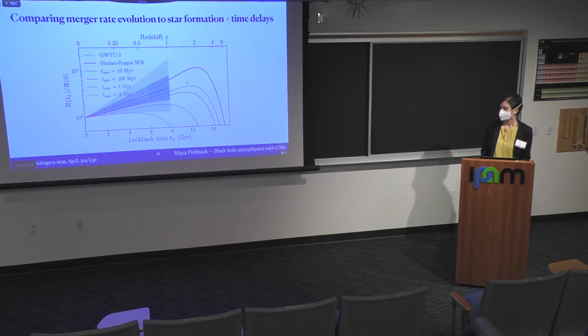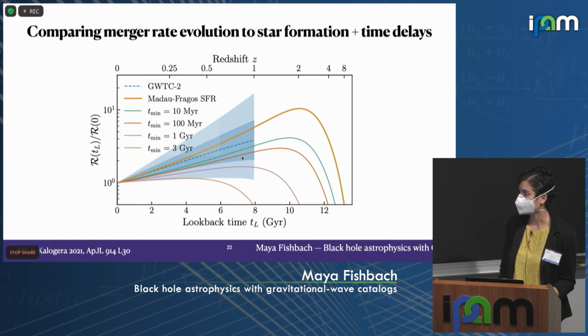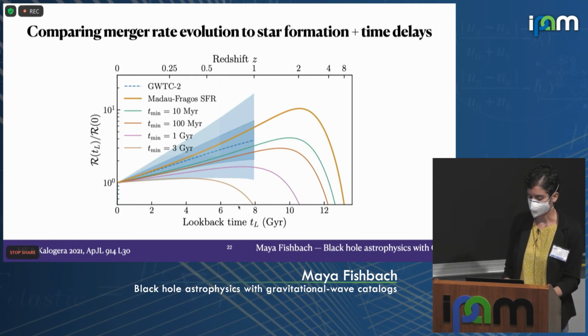As we go to longer delay times on average, you can see that this shape of the merger rate evolution becomes quite inconsistent with our inference because it just doesn't evolve as fast. Here, in all these cases, the peak is now moving to lower and lower redshifts or lower and lower look-back times, and the slope is not as rapid.